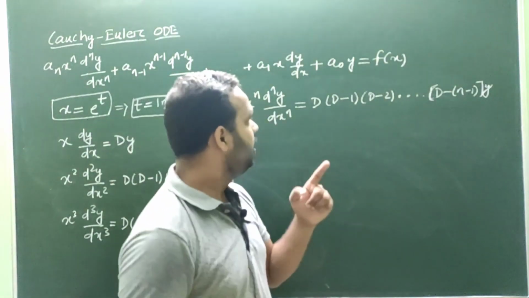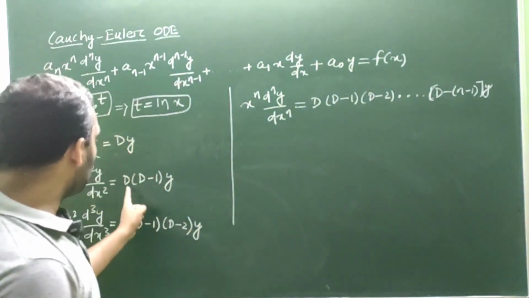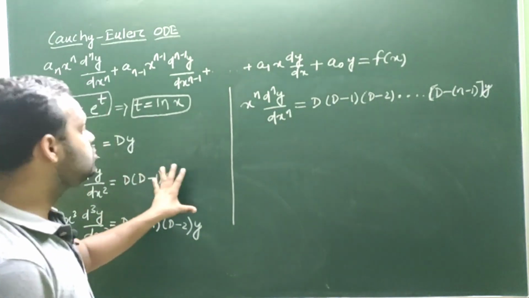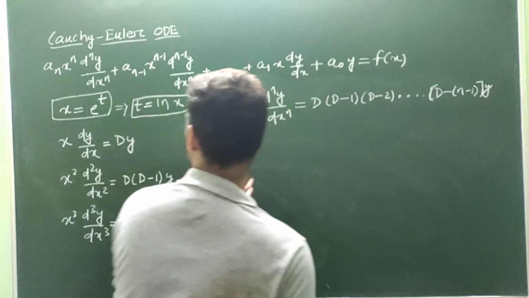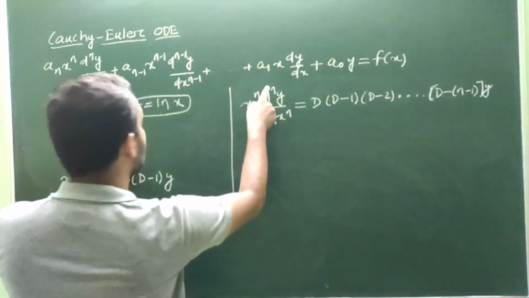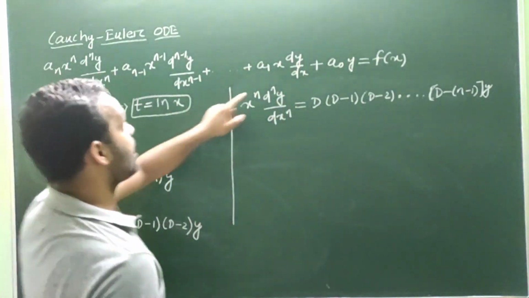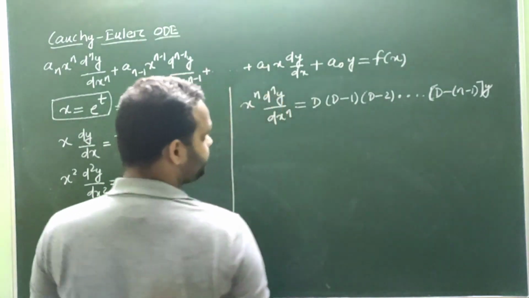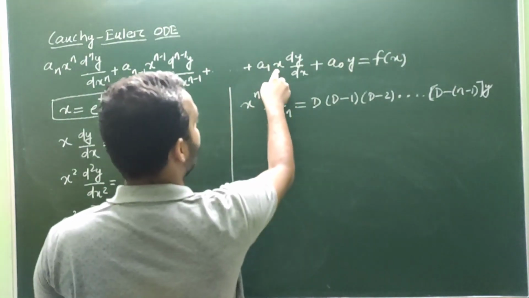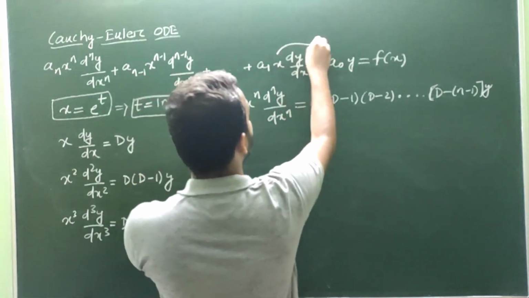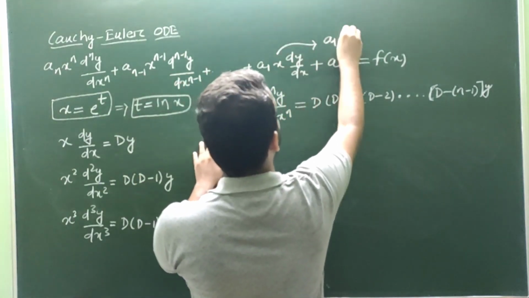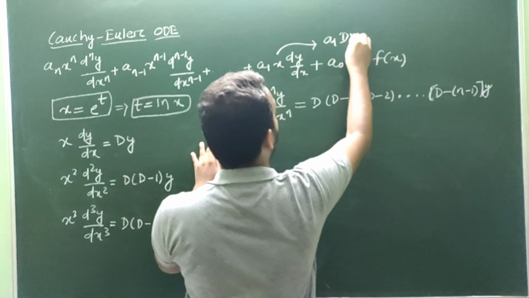Now if you take the product of all these things, there are no variables associated with y. Here we have x into dy by dx. We substitute x dy by dx as capital D y. This will give you a1 capital D into y.